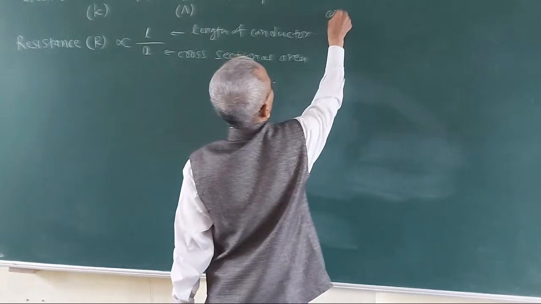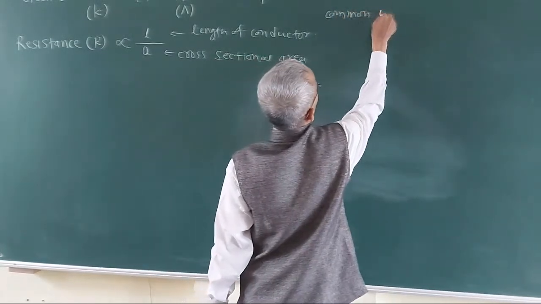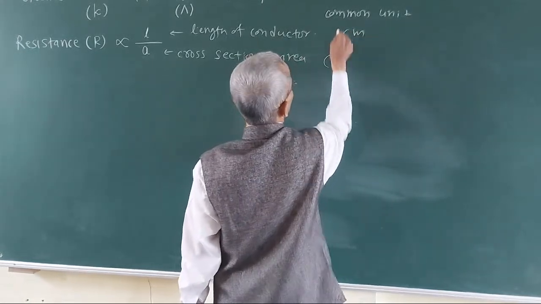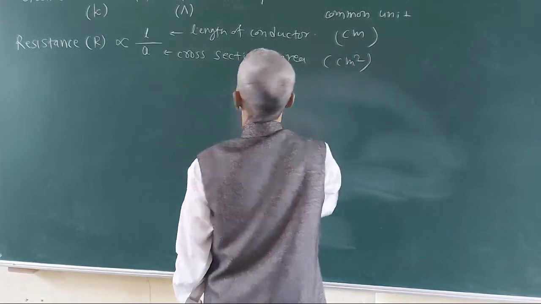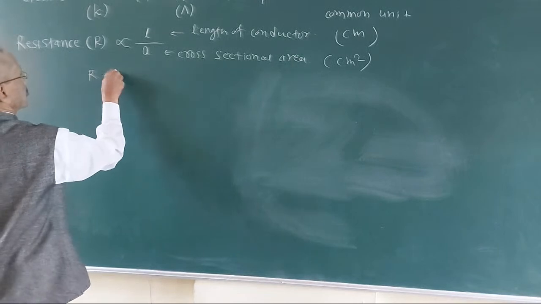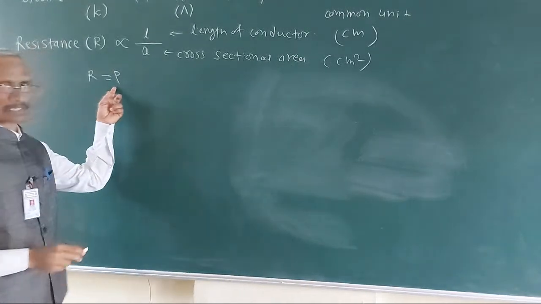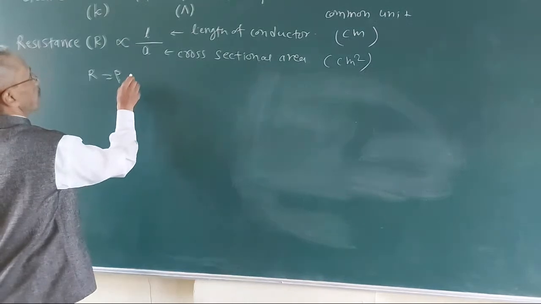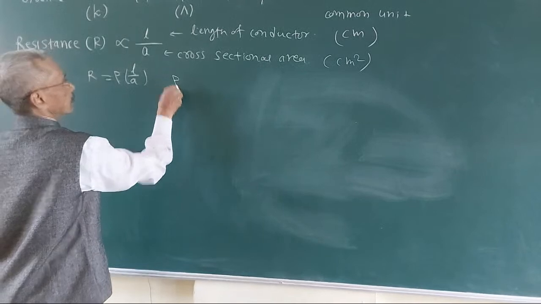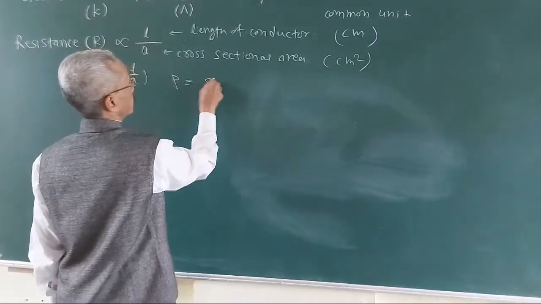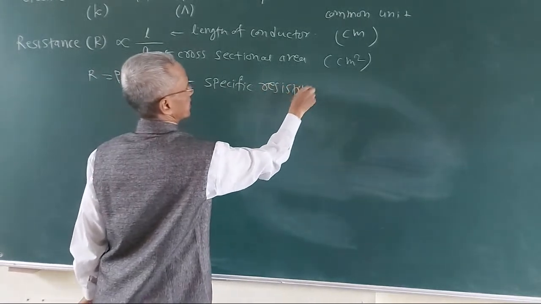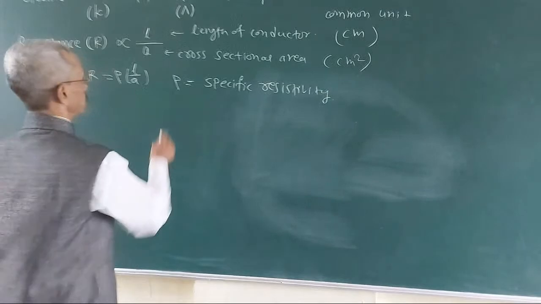The length is commonly, not in SI, in centimeter, and the area is in centimeter square. So further, this R is equal to a proportionality constant rho times L upon A, and this rho is called the specific resistivity.